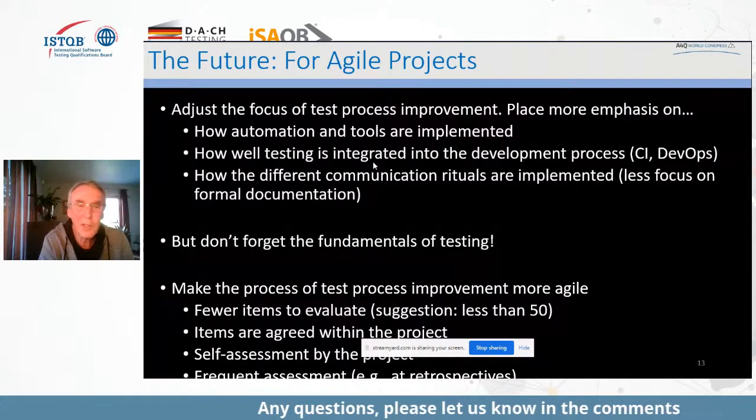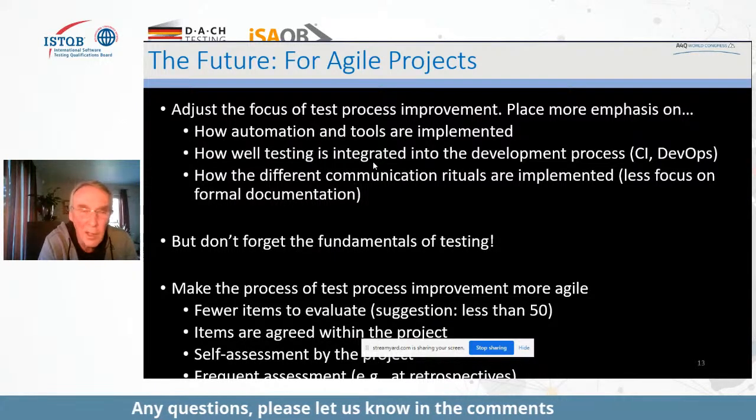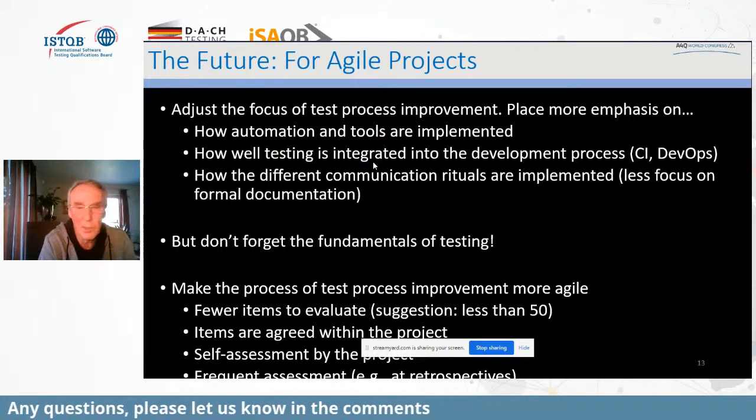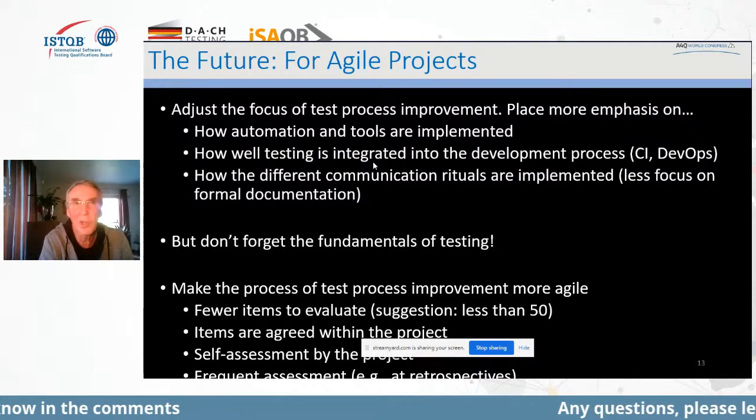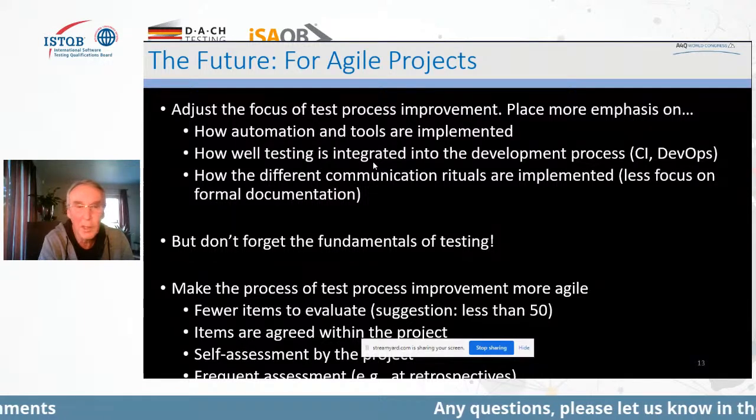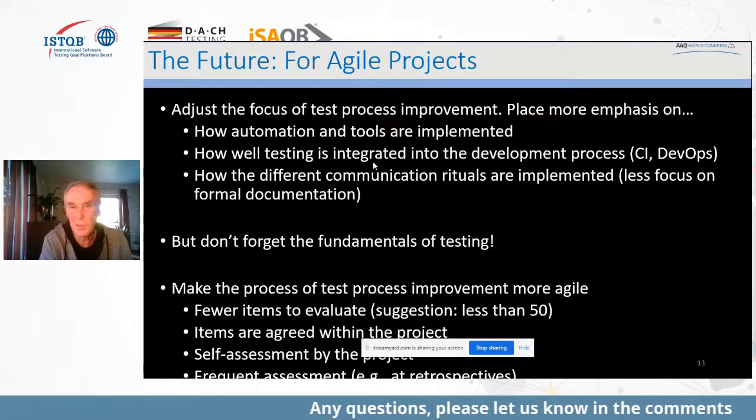So self-assessment, but agreeing that particular bias can be a problem, the self-assessment by the project is a very powerful way of implementing test process improvement in an agile project.